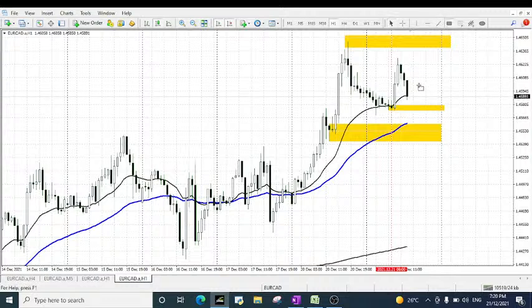is as we get closer to here, to start seeing tiny candles showing a loss of momentum. You want to see a small candle like this, preferably with a wick on the downside.